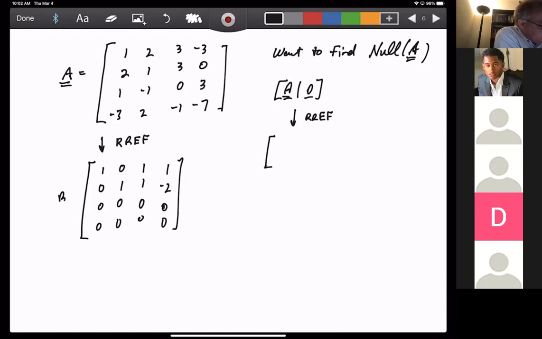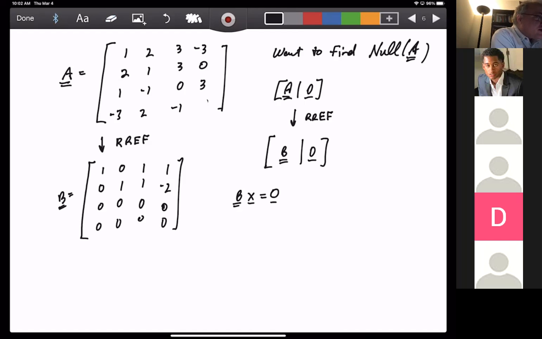Let me call this B here. Any elementary row operations we do isn't going to change the fact that we have 0 entries everywhere to the right of our divider in the augmented matrix. Right, so we can look at Bx is equal to the 0 vector.